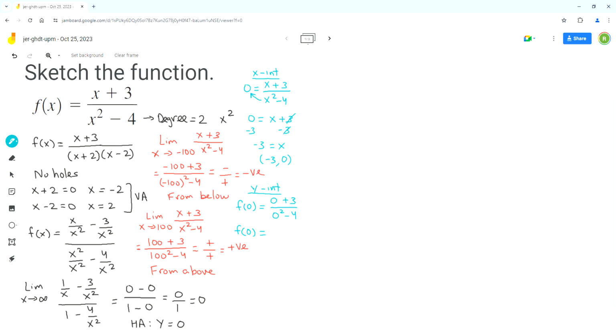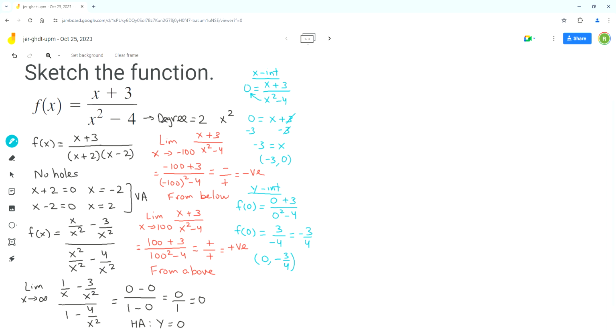So we will get 3 in the numerator and negative 4 in the denominator. So this is the y-intercept, and as a point it can be written as 0, negative 3 over 4. So we are done with the intercepts.